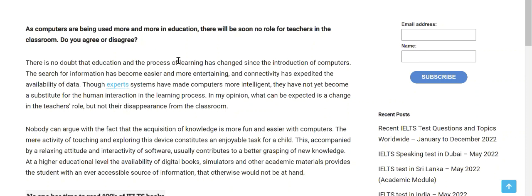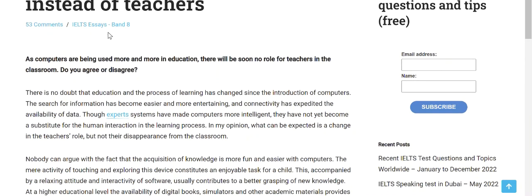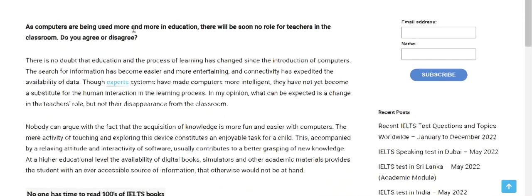I always ask you to read a lot, and the reason for reading a lot is understanding how to write. All these readings, all these writings are written by some people, maybe in Band 8, for example.